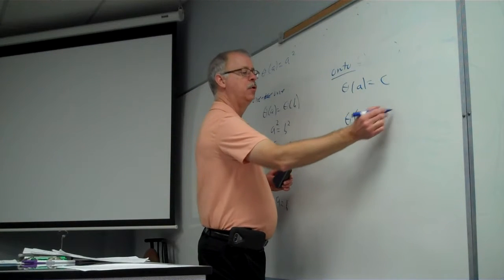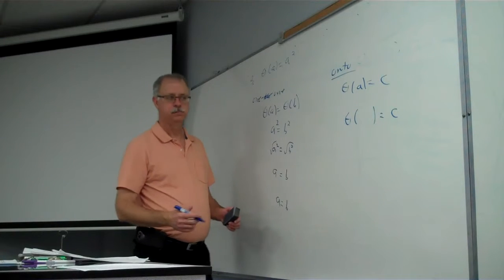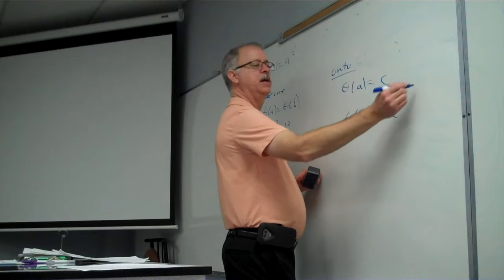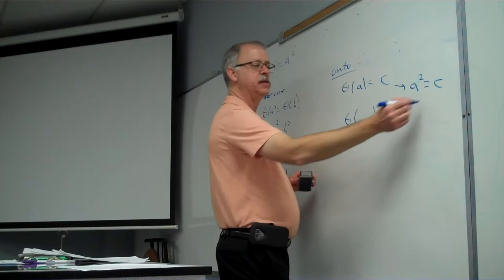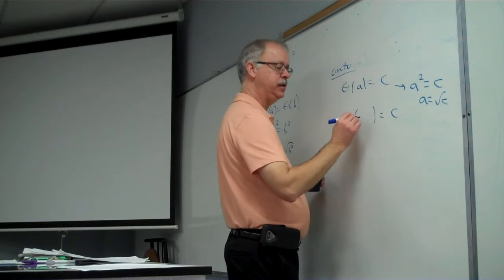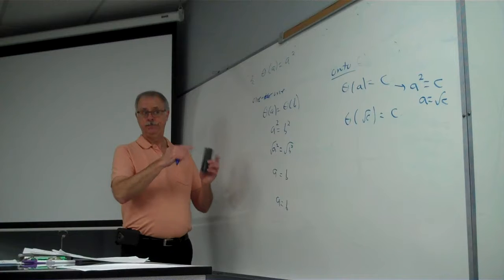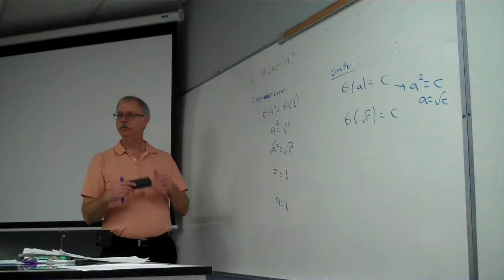So can you figure out what input would give us C? And I guess we could take theta of A is A squared. Well, if A squared is going to be C, A's got to be the square root of C. So if I plug in the square root of a number, that's the number I'll get out. So you want a particular output, I can produce it.